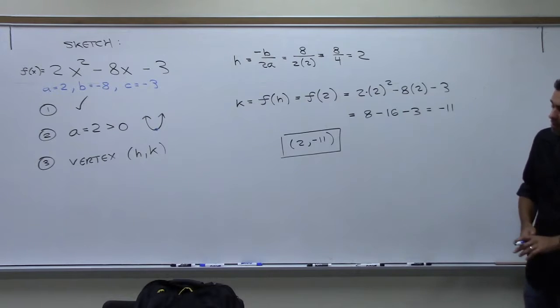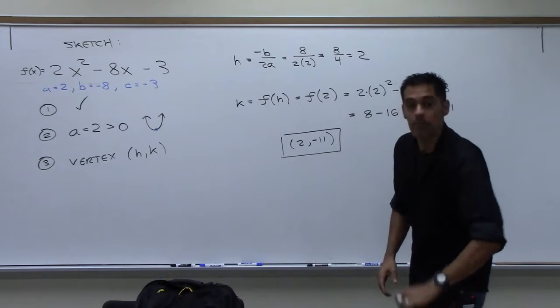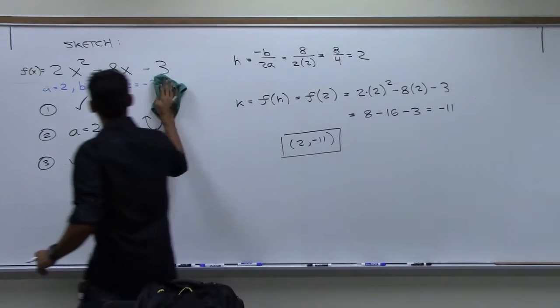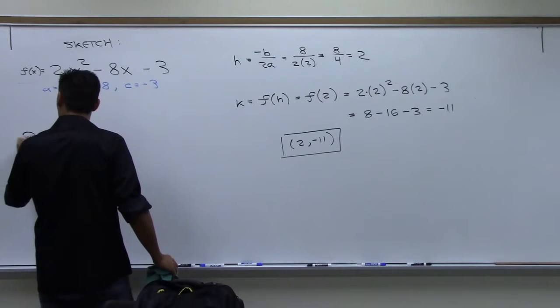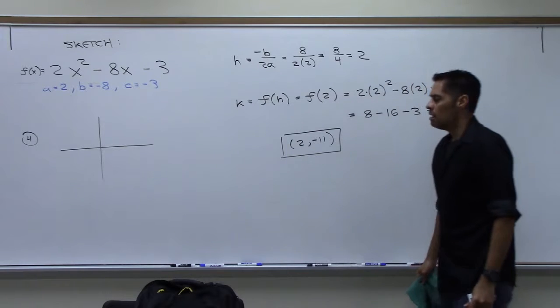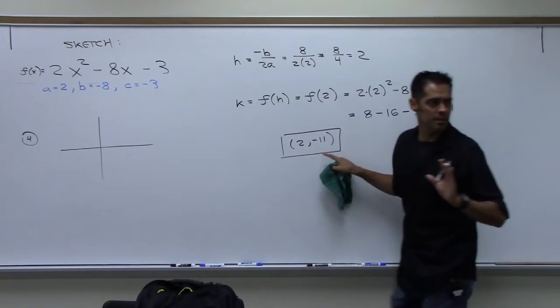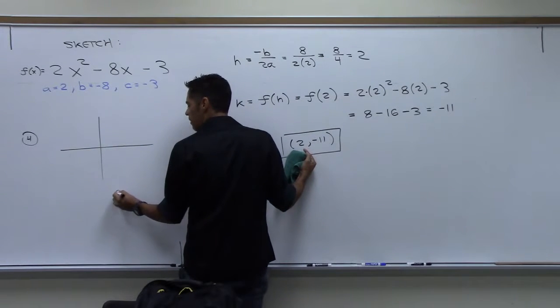What's step 4? Quick sketch. All right, so that means I'm just going to real quickly draw X and Y axes. I'm going to plot this point, but very, very loosely. That means 2 to the right, down 11. So my vertex is down there.